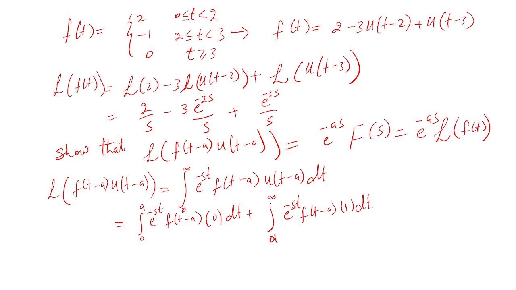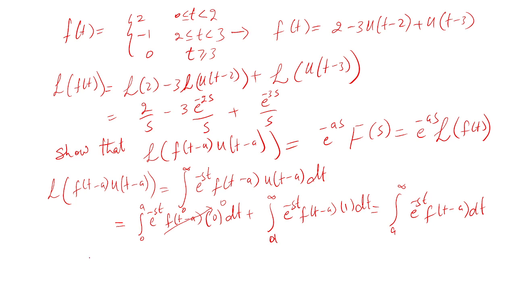The first integrand is 0, so the integral is 0, and we are left with the integral from a to infinity of e^(-st) f(t minus a) dt.